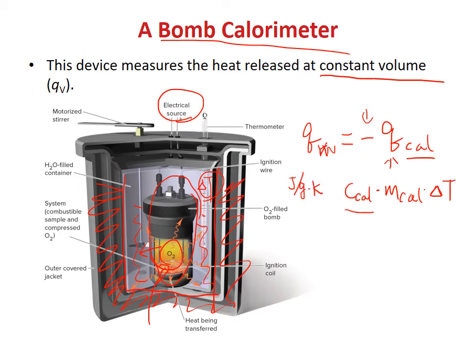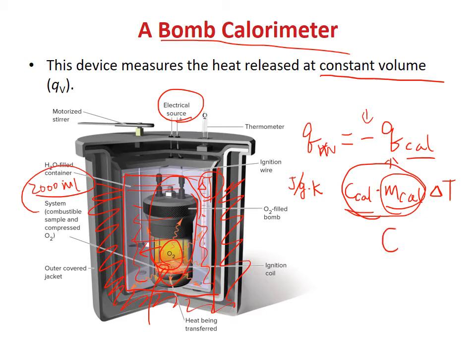For a certain calorimeter, the water amount is fixed. For example, every time we use exactly 2000 milliliters of water, so the mass doesn't change. Therefore, to simplify this, we can combine these two together and find a new heat capacity.